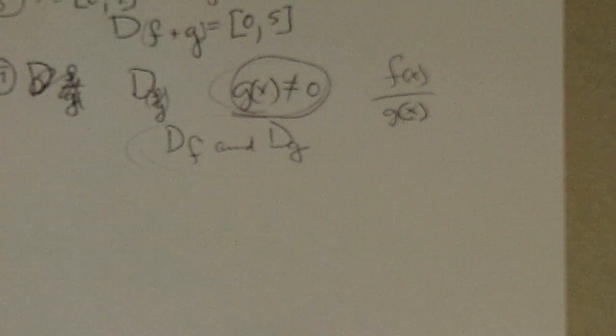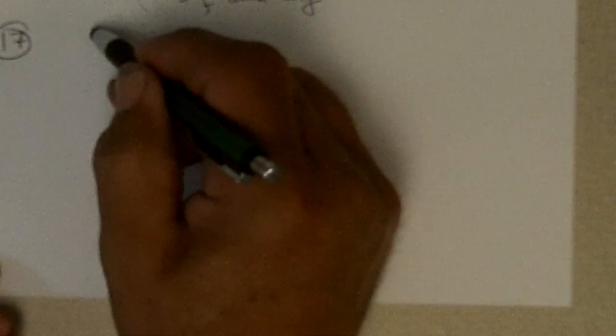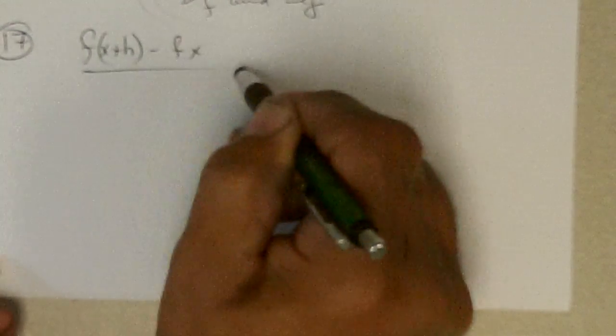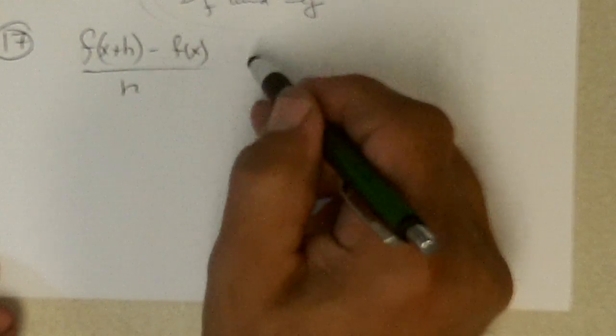Okay, those were 1 through 9. Then we skip clear to 17. And 17 said the expression f of x plus h minus f of x over h is called the difference quotient.